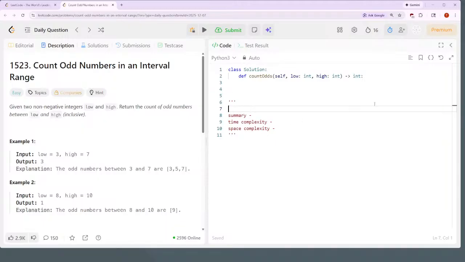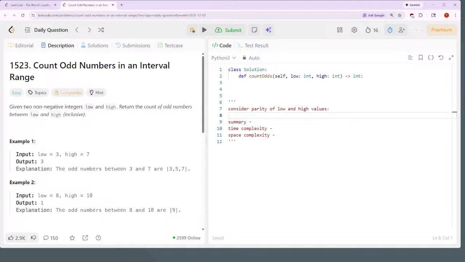There are 4 possibilities: low and high are both odd, both even, or one odd and one even. That should encapsulate basically every scenario. So consider parity, the oddness of low and high values.